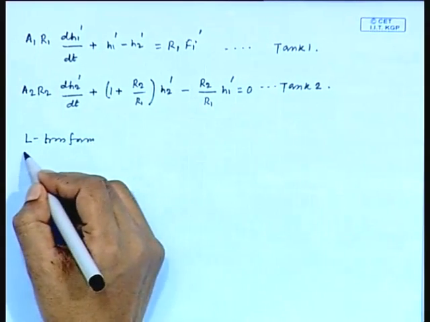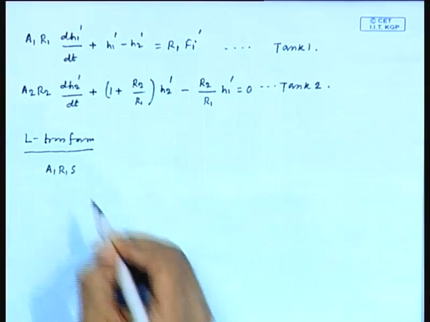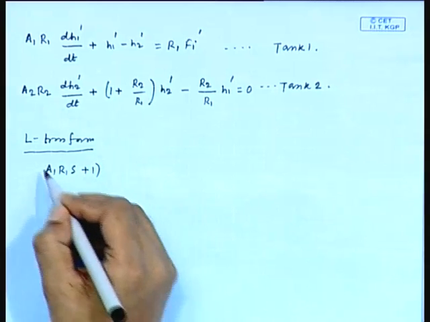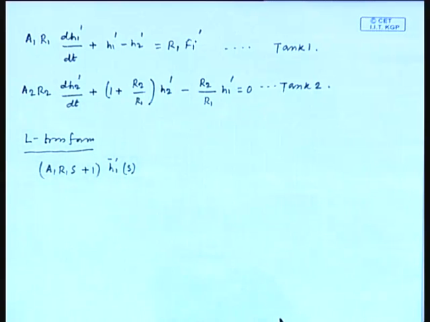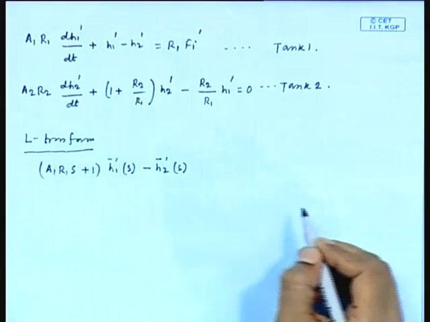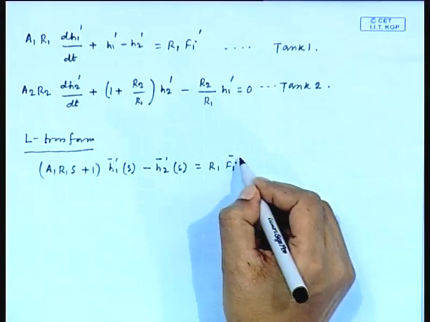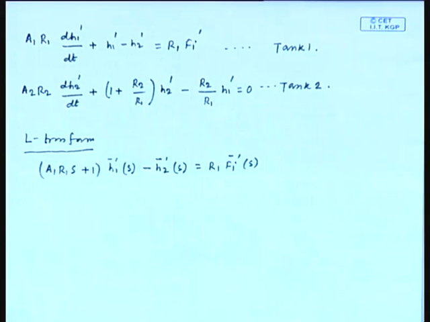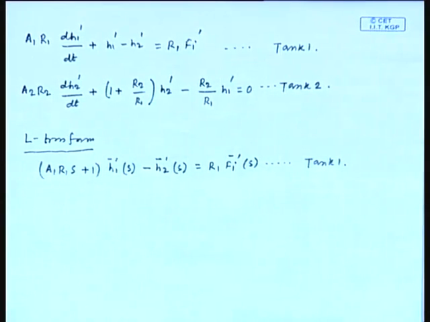Fine. Now, we will take Laplace transform of these two equations. Taking Laplace transform, we get for tank 1 A1 R1 S plus 1 H1 bar prime S minus H2 bar prime S equals R1 Fi bar prime S. Taking Laplace transform of the modeling equation of tank 1, we obtain this form.